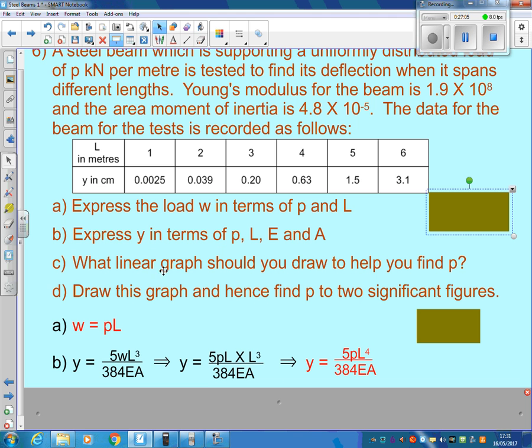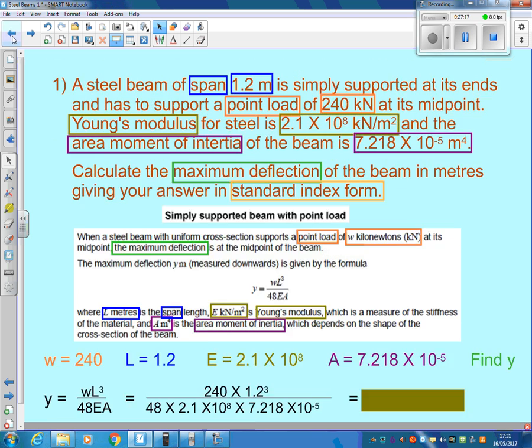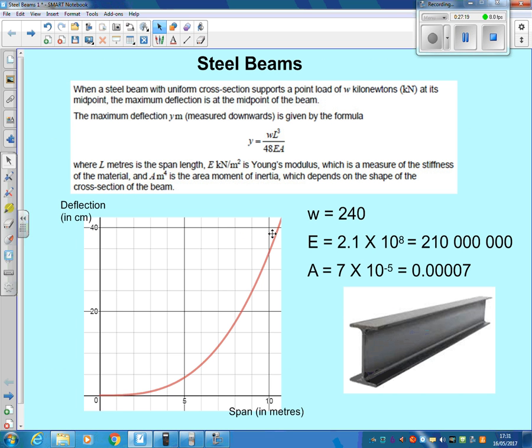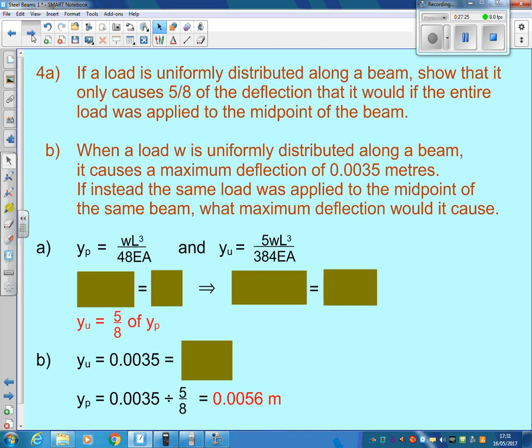Okay, next bit, C. What linear graph should I draw to help me to find P? Now, we already saw earlier on, when it was an L cubed, if I look at the graph for an L cubed, it goes like this. An L to the power of 4 is going to be worse than that. It won't be linear, it won't be a straight line.